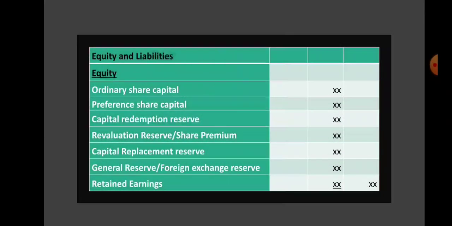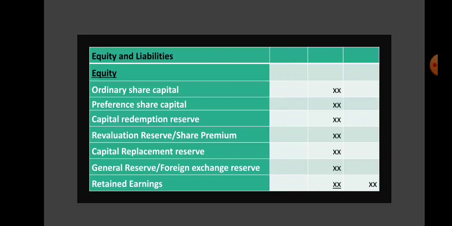Next, we'll be coming to the other side of the statement of financial position, where we have to show the equity and liabilities. First, coming to equity. Equity is the total of capital and reserves. In capital, we have two types, ordinary shares and preference shares.